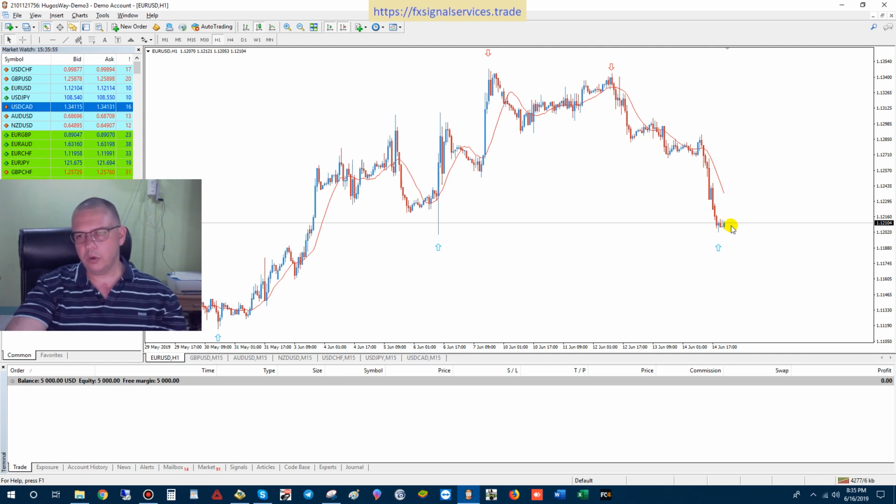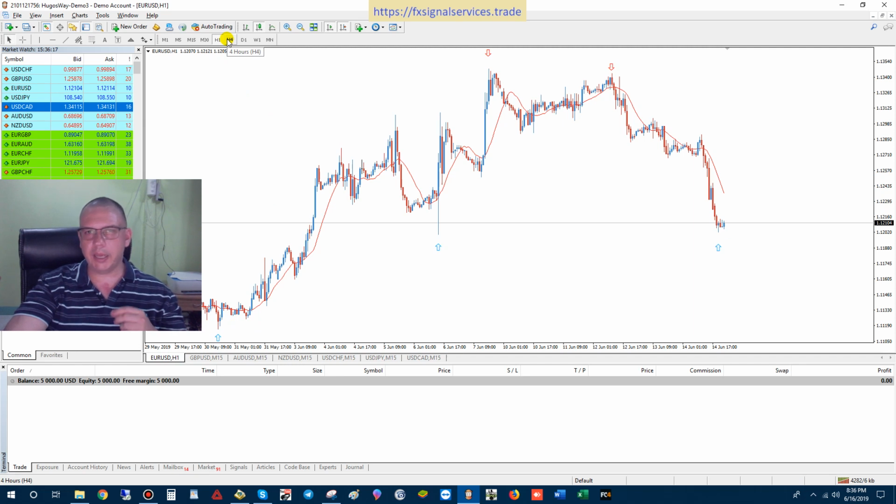Now we're at this level of support, right? Pretty much the same level hit before. The question is, yes, this is going to come up, but is it going to go further down this week? We see down here there's another level of support way down here that the price was at before.